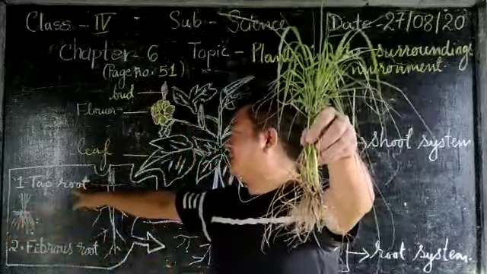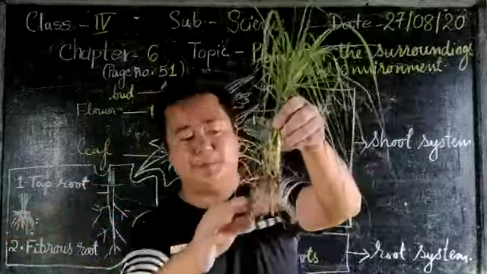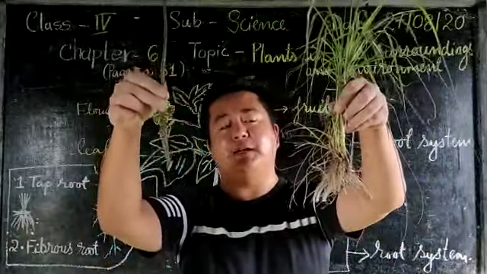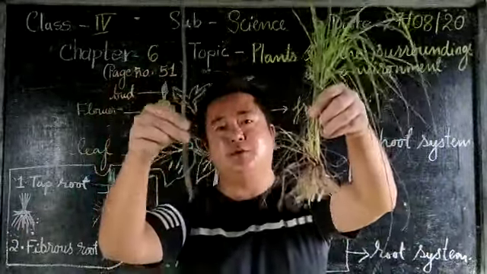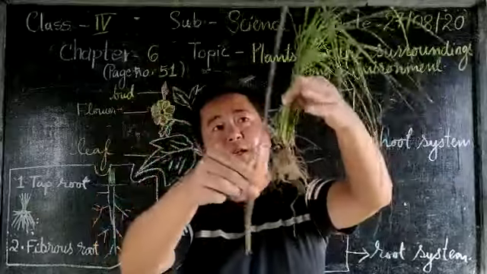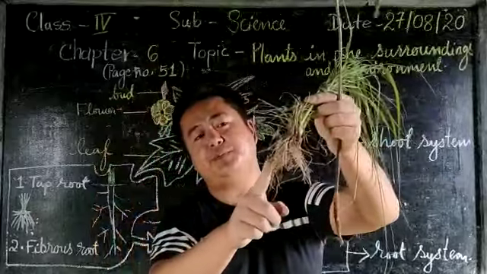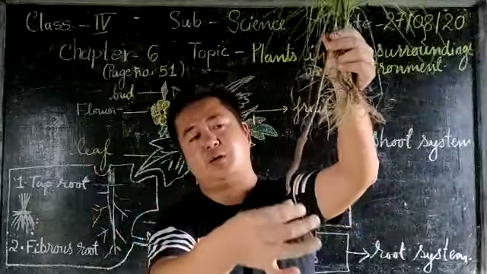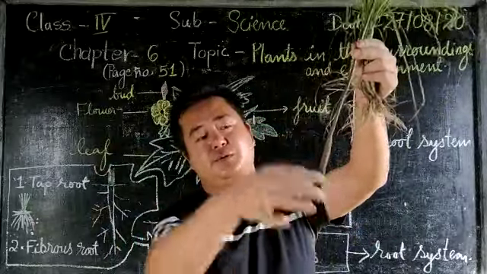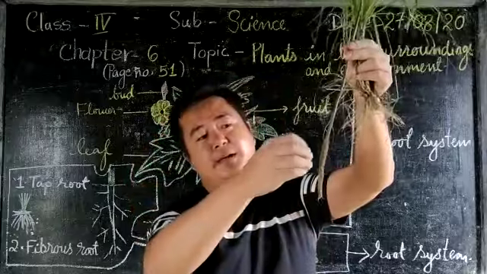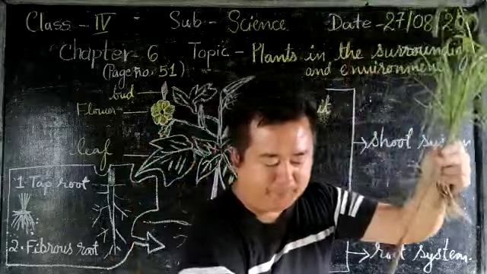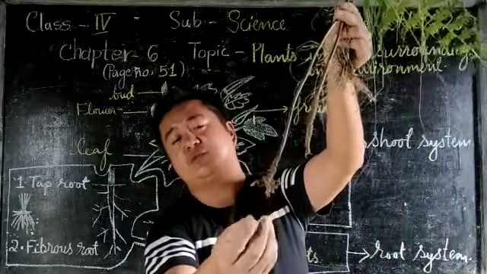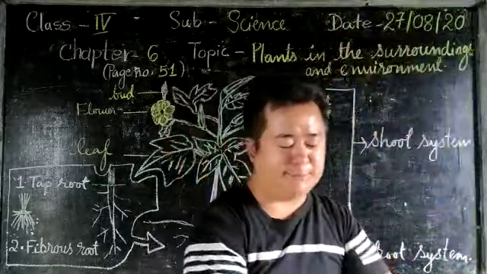There's a vast difference between the taproot and fibrous root. In the case of taproot, it has a long and strong root which grows deeper, and from there the other, smaller roots grow.